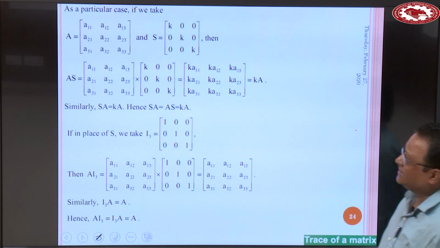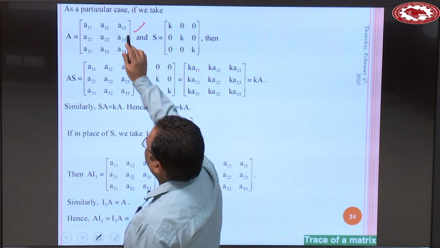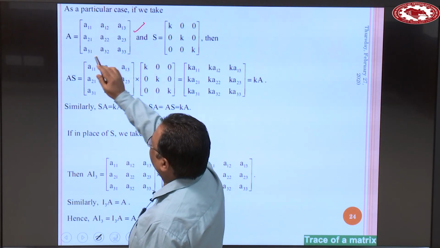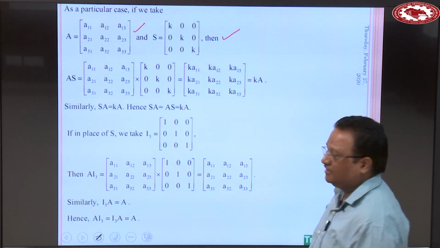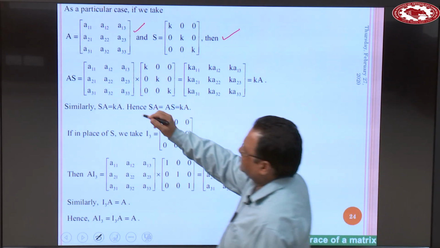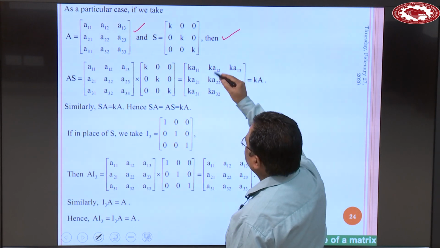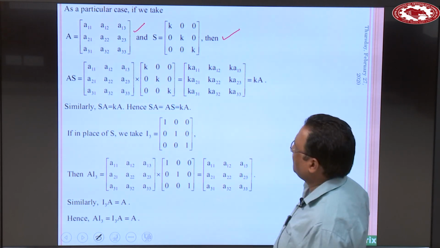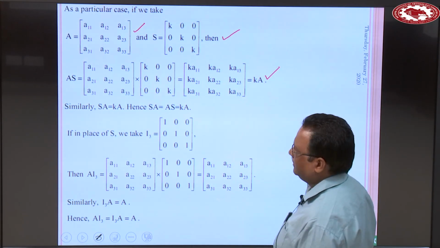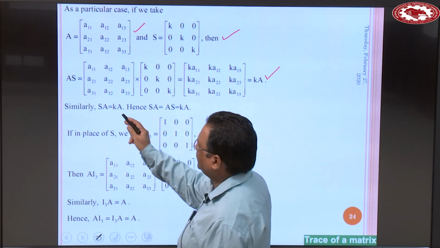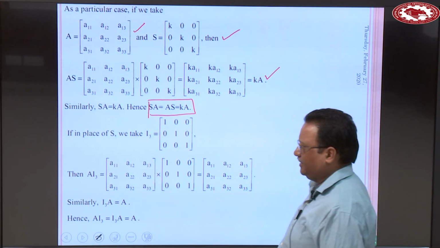As a particular case, take A as the matrix with entries a11, a12, a13, a21, a22, a23, a31, a32, a33, and S a scalar matrix. Then AS means this multiplied by this, which means each element is multiplied by k. When you multiply, you get this result, which is nothing but kA. Similarly, SA is equal to kA. This means SA is equal to AS is equal to kA.